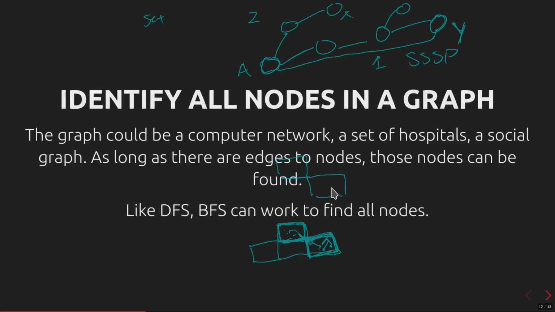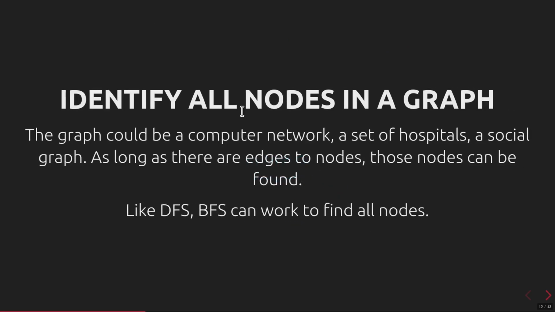Another application is probably something I just talked about. You can identify all nodes in a graph, right? Whether you're dealing with a network, or maybe a server, and you want to see all the other servers that it's connected to. You could do something like a breadth first search to list out what type of hardware you have listed.